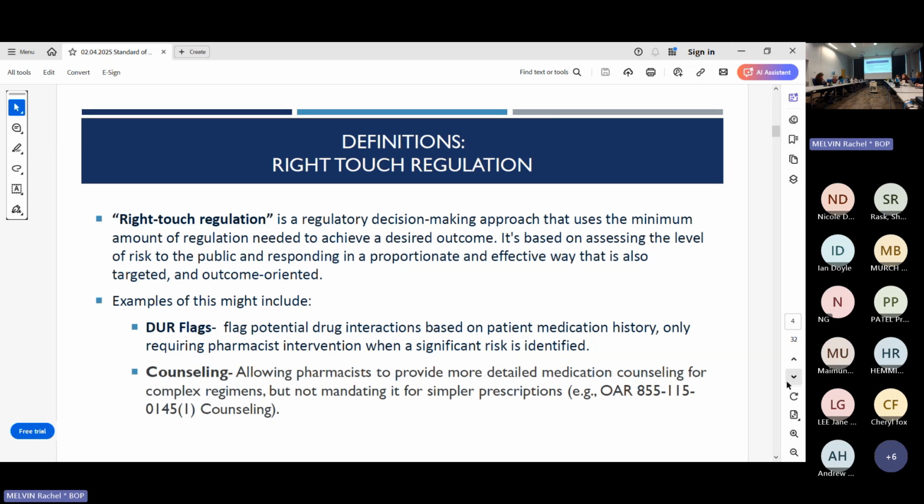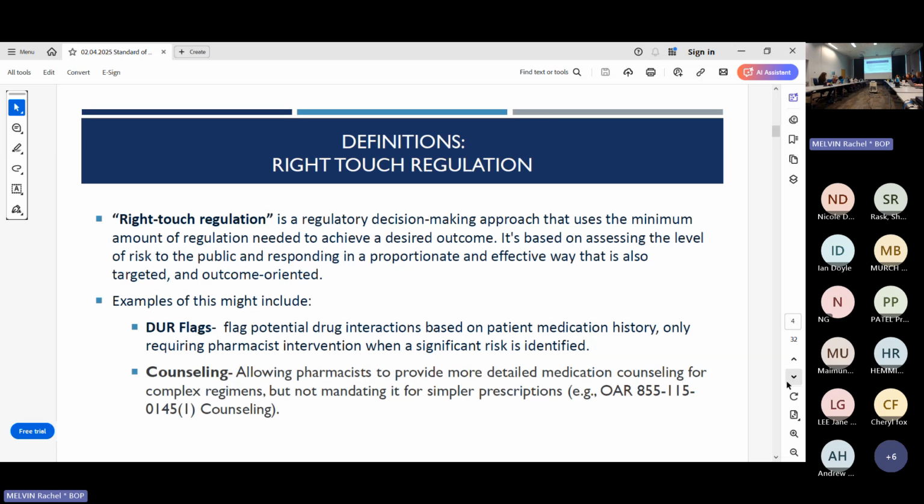So in that way, we're not flagging everything that could potentially cause a rash, right? They just create white noise, and every medication in existence can cause rash. So that's an example where discretion might be applied to create a right touch regulation that identifies a subpopulation or a subgroup of the target that's associated with high risk.